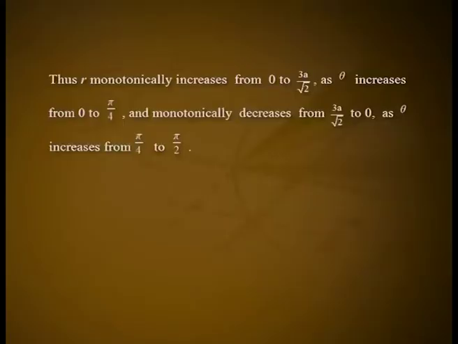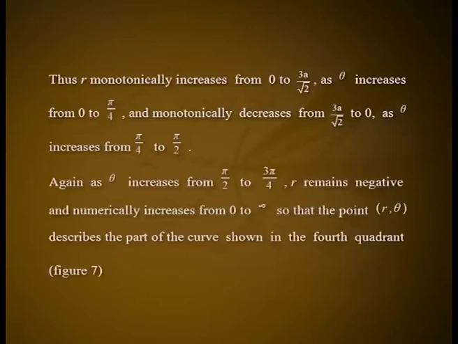For theta equal to pi by 4, r is equal to 3a divided by square root of 2. Thus, r monotonically increases from 0 to 3a by root 2 as theta increases from 0 to pi by 4, and monotonically decreases from 3a by root 2 to 0 as theta increases from pi by 4 to pi by 2. Again, as theta increases from pi by 2 to 3 pi by 4, r remains negative and numerically increases from 0 to infinity, so that the point (r, theta) describes the part of the curve shown in the fourth quadrant.